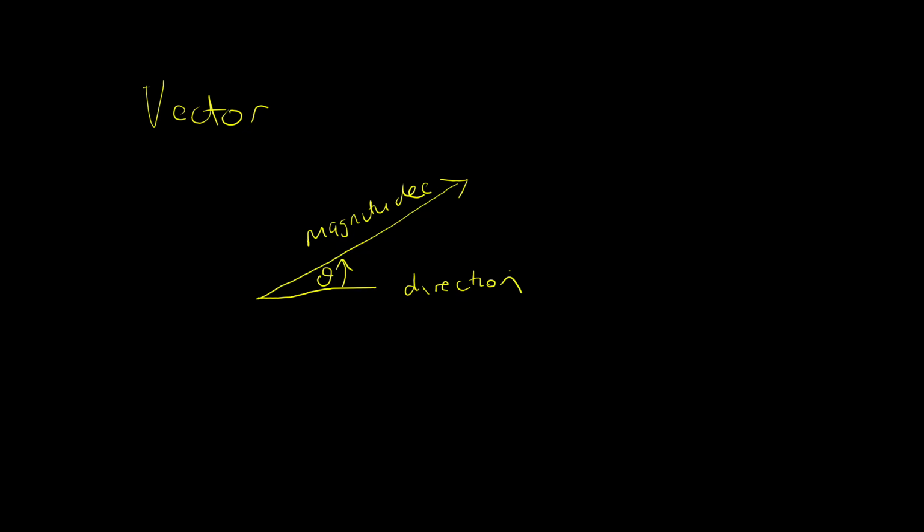A good representation of a vector is normally a specific variable like u, for instance. Sometimes a bold u is used, and sometimes they even use a little arrow to show that this is a vector. For our purposes, we're just going to use a u to represent our vector.